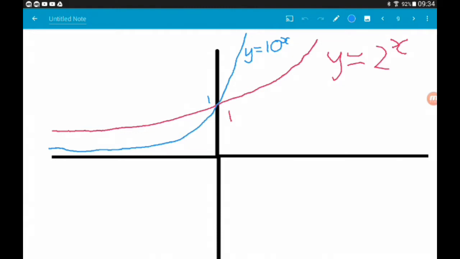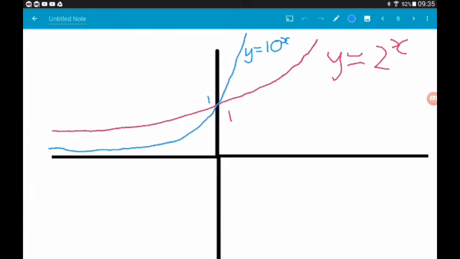So we get a steeper curve on the right and a steeper curve on the left too, because the values get smaller quicker and bigger quicker depending on which side of the y-axis you are on.